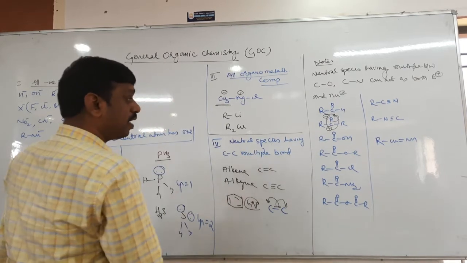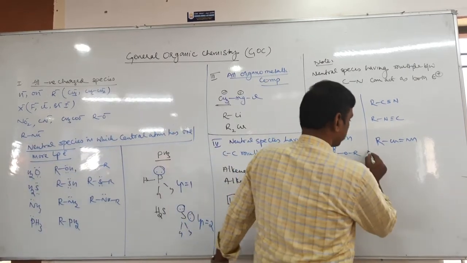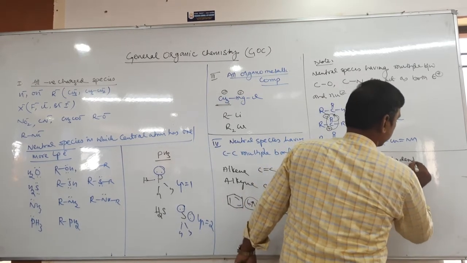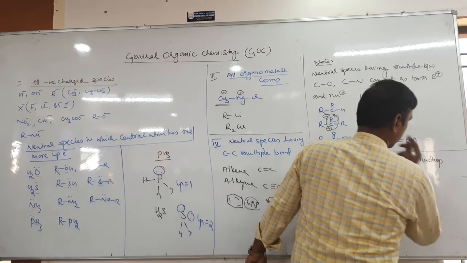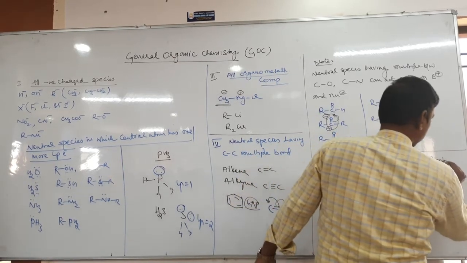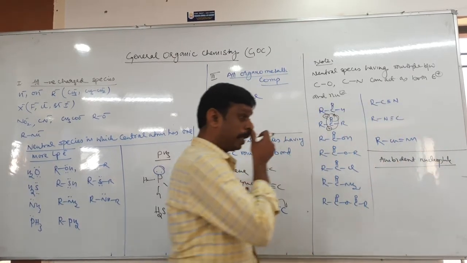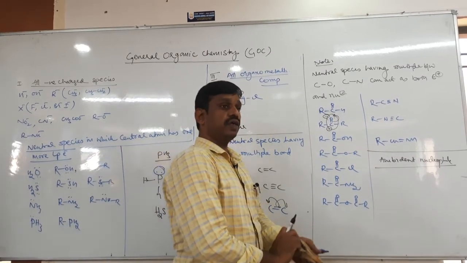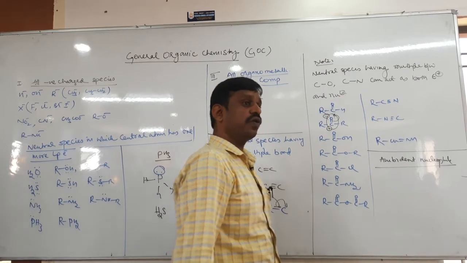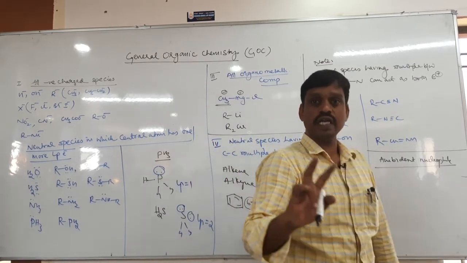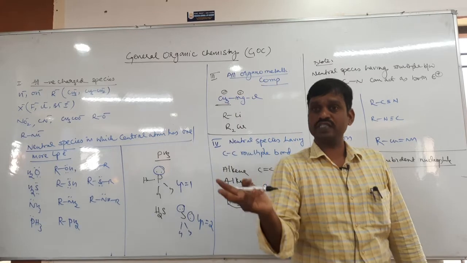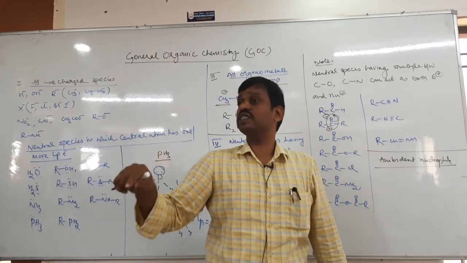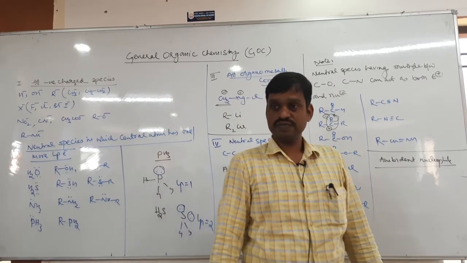Next is the ambident nucleophile. So what is ambident? It is just like ambident ligands in coordination compounds. An ambident nucleophile is a nucleophile which contains two nucleophilic centers. Of the two nucleophilic centers, one is neutral and another one has a negative charge, right?